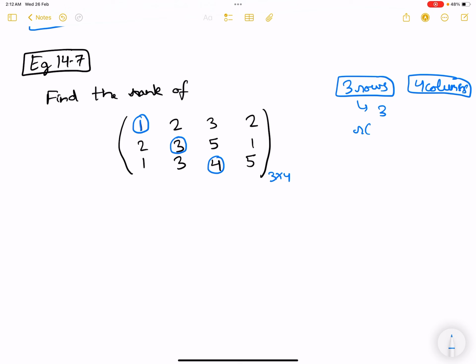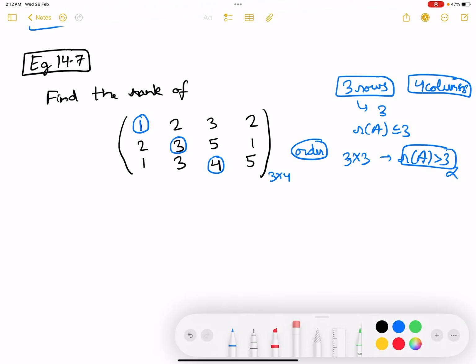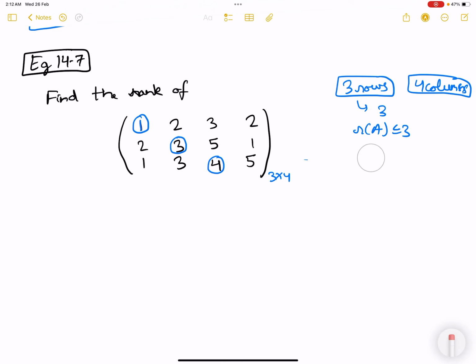So the rank of A should always be less than or equal to 3. From the perspective of the minors we have discussed, the maximum order is 3, so rank cannot be greater than 3 in this case. This is not possible.